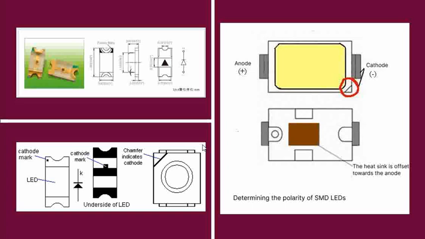Again, the simplest thing is that, as in diodes, the marking is towards the cathode. For example, on the top LED you can see a green mark. This is called the polarity mark. As we are saying, the polarity marking in diodes is towards the cathode, so it is straightforward that this is a cathode.